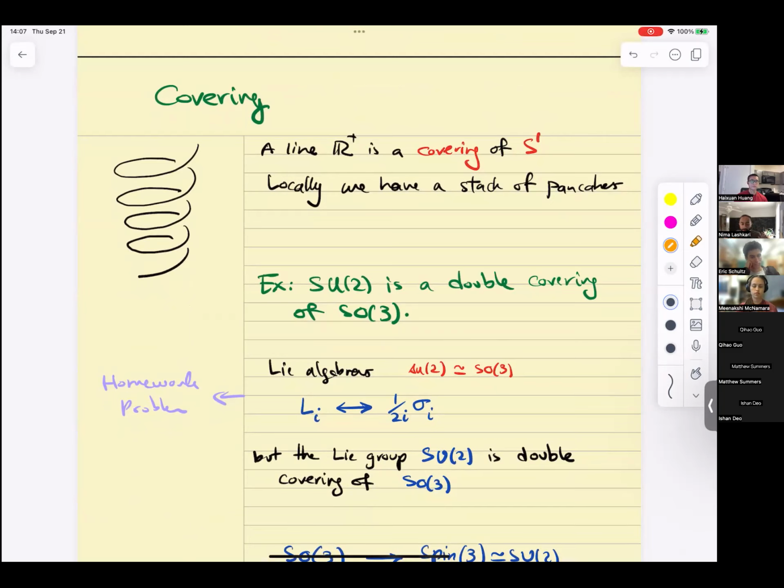Covering is a very geometric thing. Let me give you an example. R, not R plus, R, the real line, is a cover of S1 because you could wrap the line like this, and you could view it as a stack of pancakes over the other manifold.